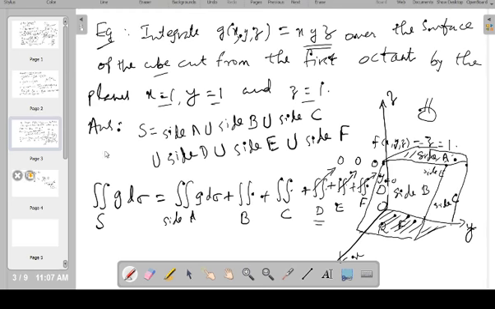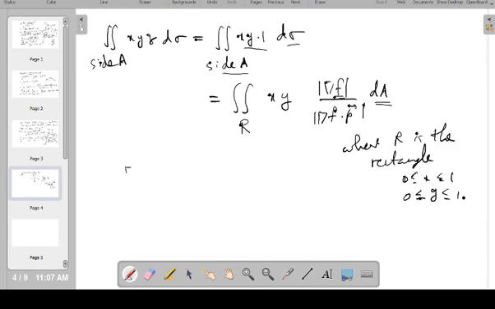So as far as side A is concerned, dou f by dou x is 0, dou f by dou y is 0 and dou f by dou z is 1. Why is that? Because f is z equal to 1. This is the level surface.